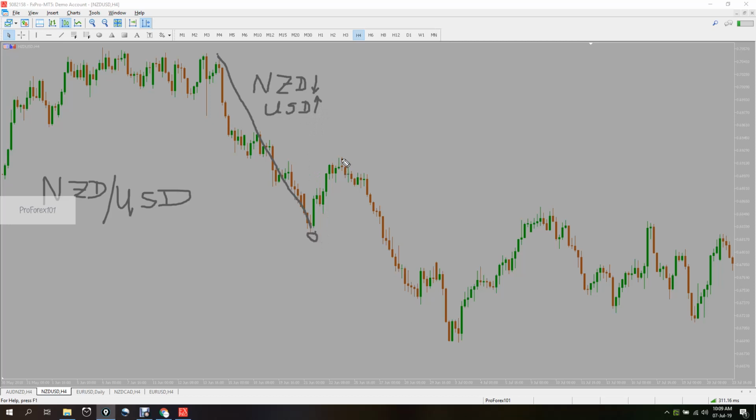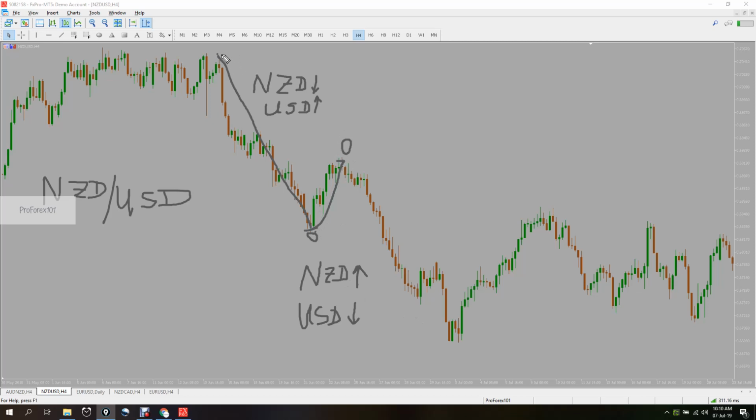After that, for the retracement from here to here, the New Zealand dollar now has to increase its strength, and the US dollar in this area has to go down in value, decrease, for our retracements to happen.